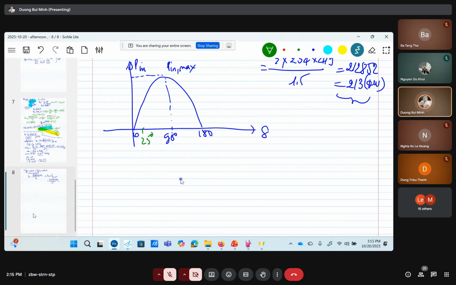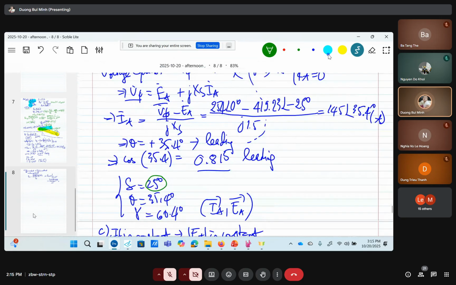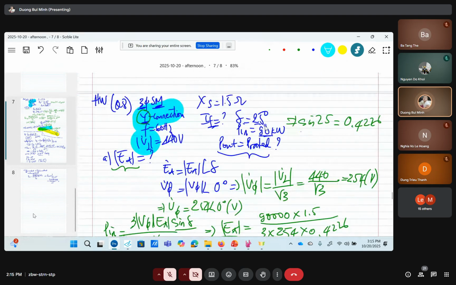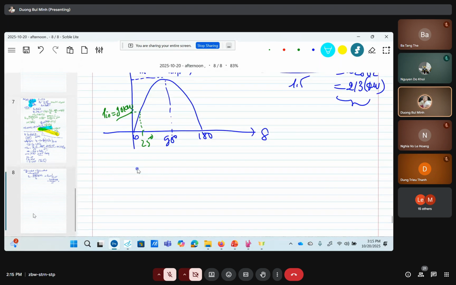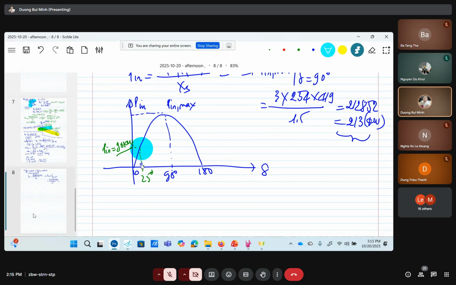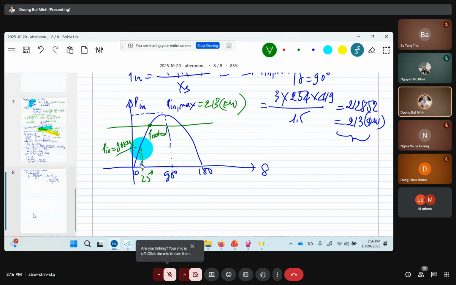If we have 25 degrees, you get P in of 90 kilowatt. Here, and P max is 213 kilowatt. So I guess some rated power is somewhere here. This is rated power, and this is delta.